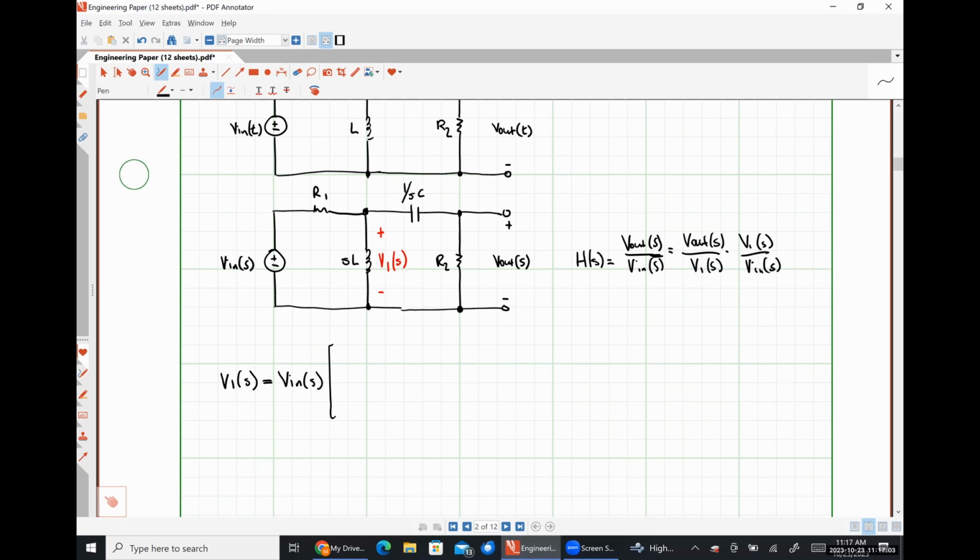So that's going to look like SL times (R2 plus 1 over SC) divided by R2 plus SL plus 1 over SC. I need my bracket to be larger, apparently. All of it is going to be divided by R1 plus that exact same expression in the numerator.